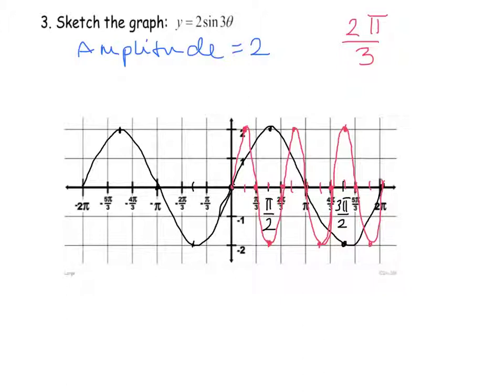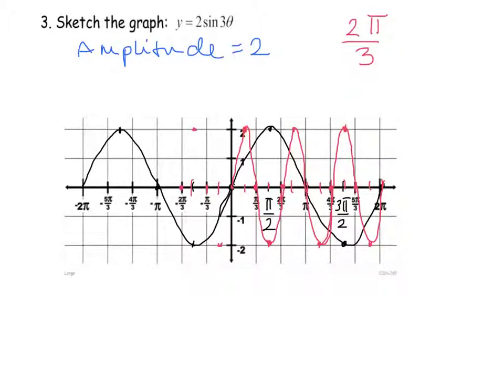So if you notice that over the 2 pi period, I have one cycle of sine, then a second cycle, and then a third cycle of a sine graph. And I can do the same thing going to the left. So if I do go to the left, here is where I am going to have the 4 markings. So here I will have negative 2, 0, 2, and 0.